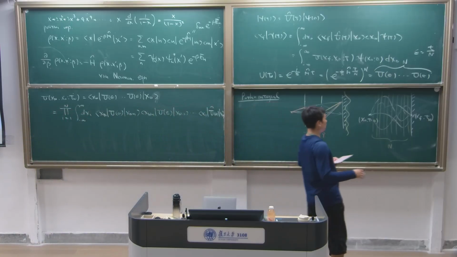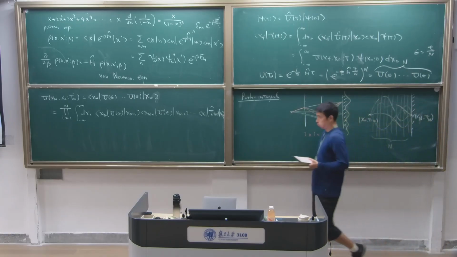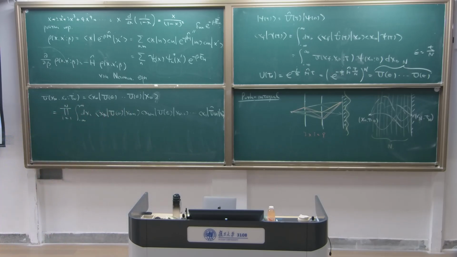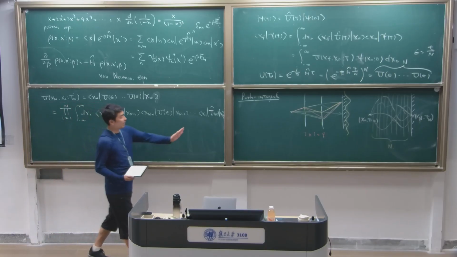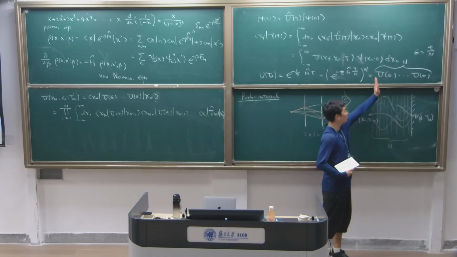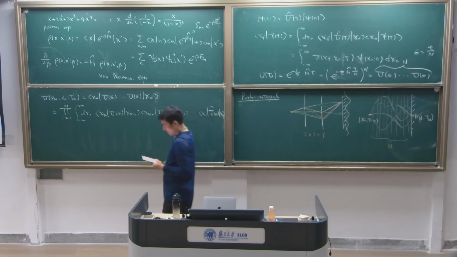So here, instead of n, I call it capital N. So here, you just put the x1 integral, which means you can have all possible positions around here. What's possible? The next is the same thing, integral over.